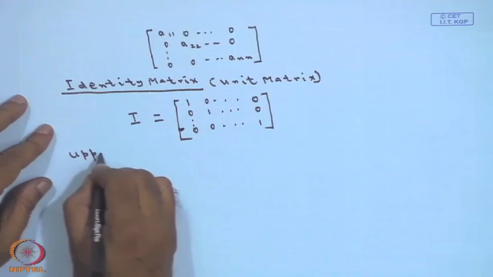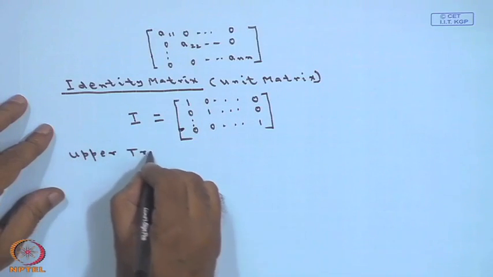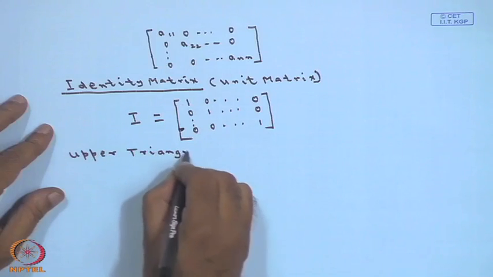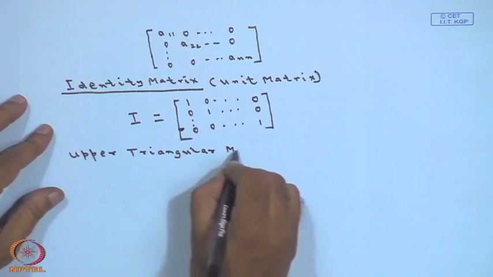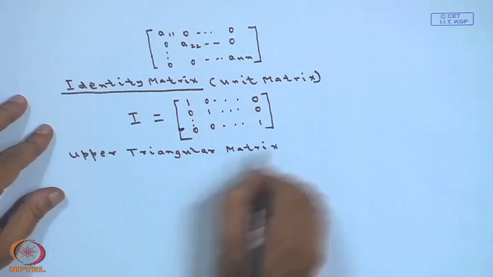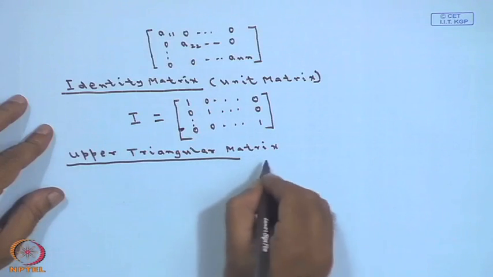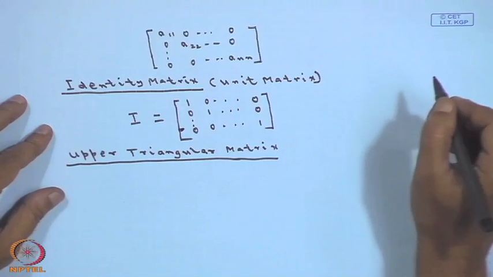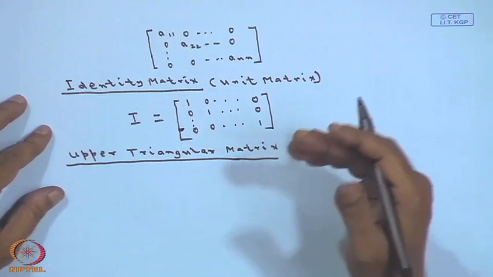The next one is the upper triangular matrix. This upper triangular matrix is a square matrix where all the elements above and on the right of the diagonal are non-zero, or in other words, all the elements below the diagonal elements are 0.